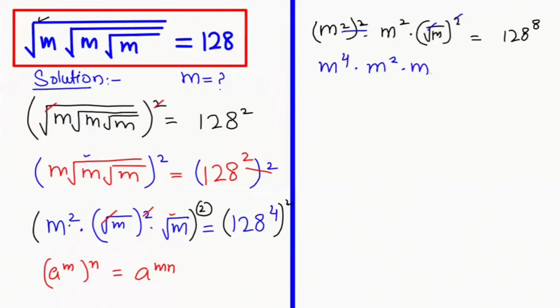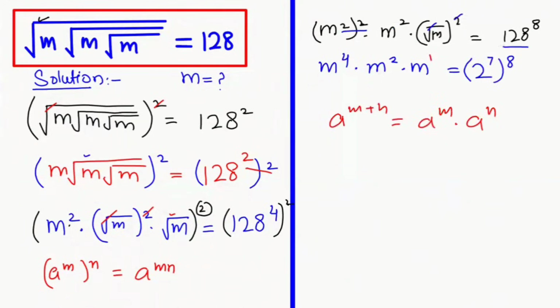Here m is equal to, I am going to write this in the form of power. So 2 to the power of 7 gives us 128, and whole to the power of 8. Now here I am going to apply the exponential rule: a to the power of m plus n is equal to a to the power of m times a to the power of n.